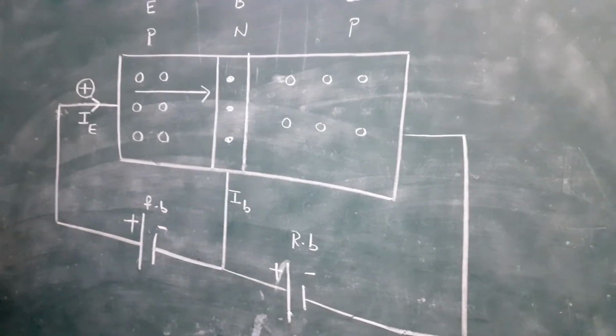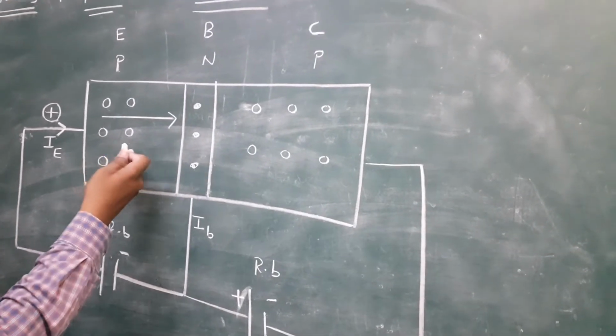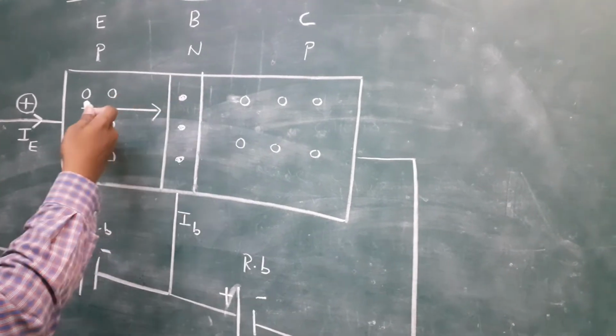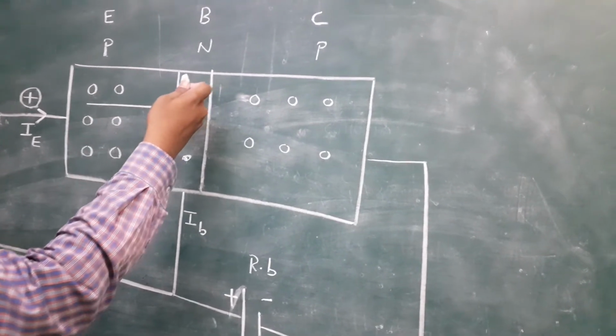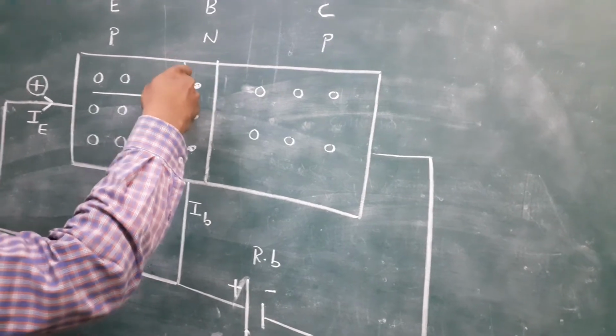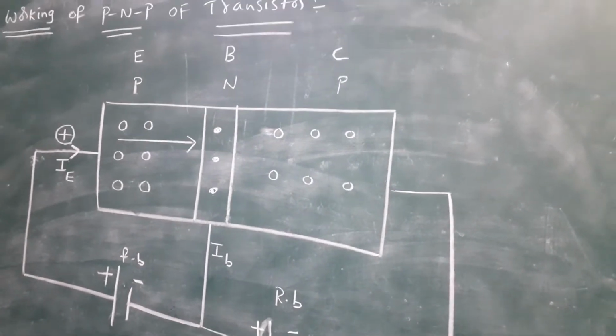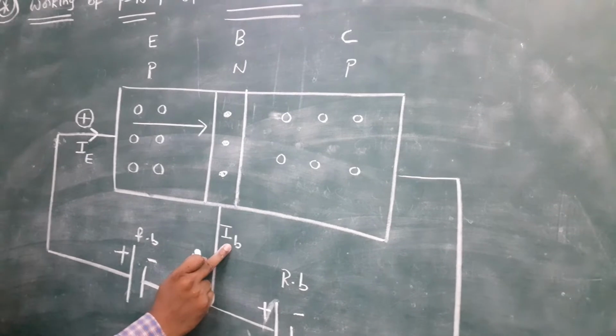That means less than 5% of holes in the base region combine with electrons. To constitute a current in this region is called base current.